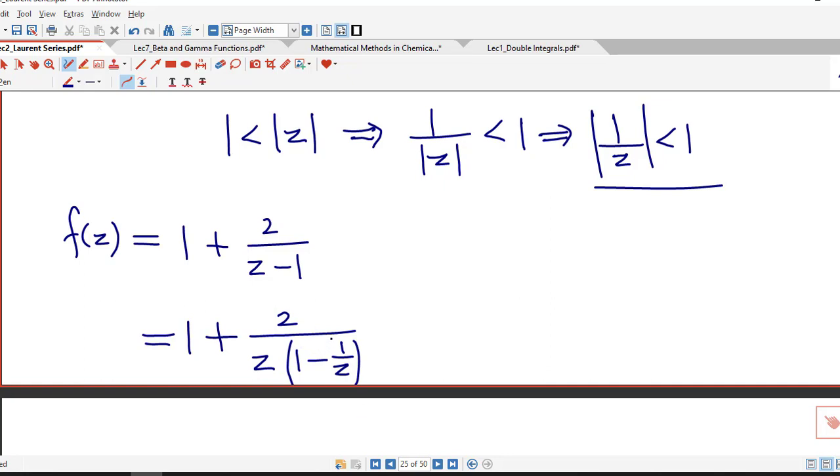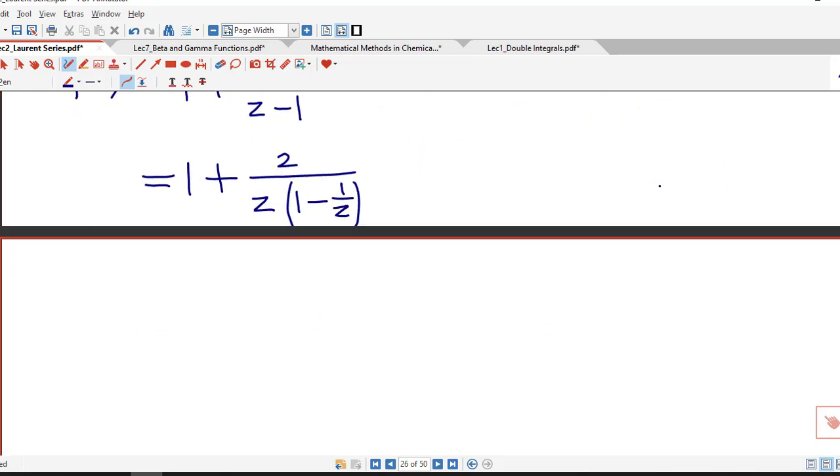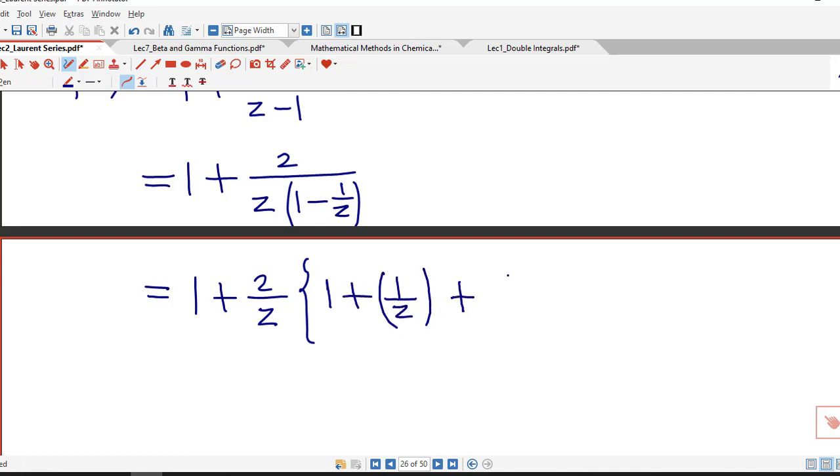So now we have 1 over 1 minus 1 by z, and the absolute value of 1 by z is less than 1. So we can use that standard Maclaurin series expansion. Instead of z, we have 1 by z. So we write 1 plus 1 by z plus 1 by z square plus 1 by z cube and so on.